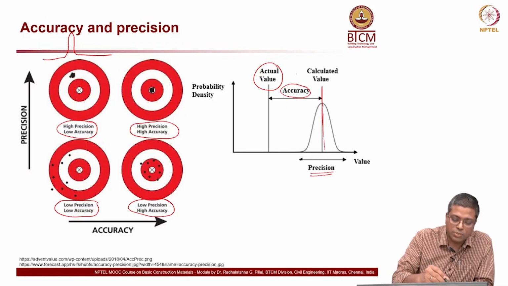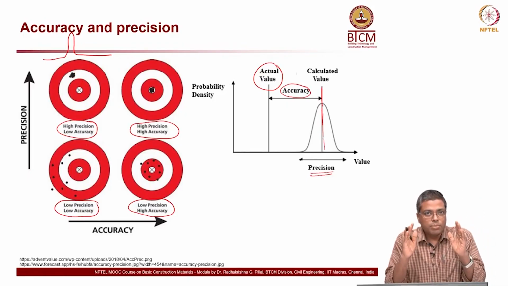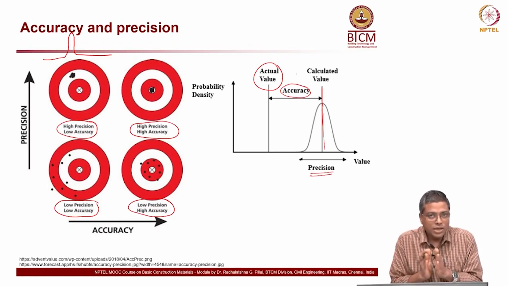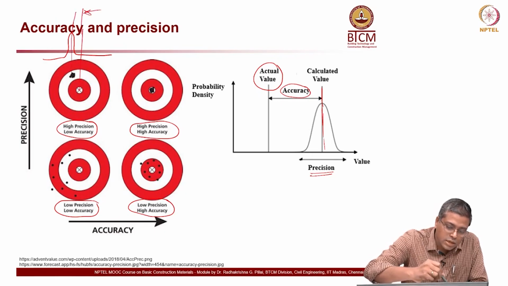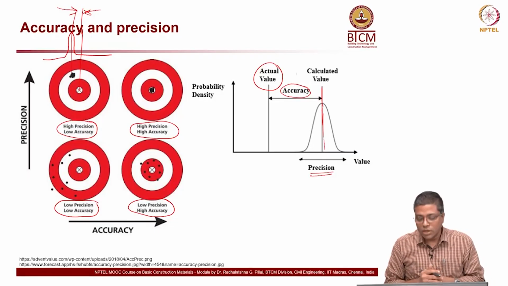The PDF will look something like this. So, the PDF is narrow, or the width of the PDF is narrow, but it is away from the true value. The true value is here, and this is slightly away. Okay. So, you can relate the sketch on the left and right side.